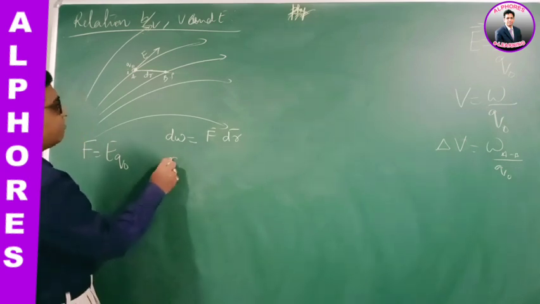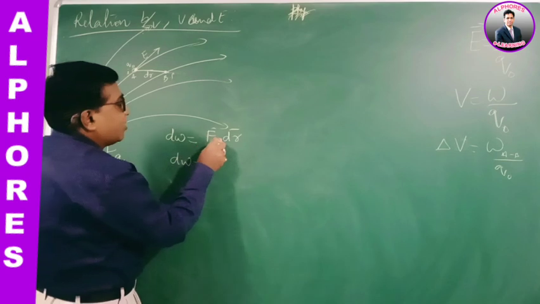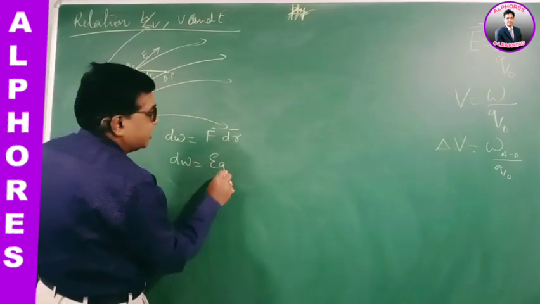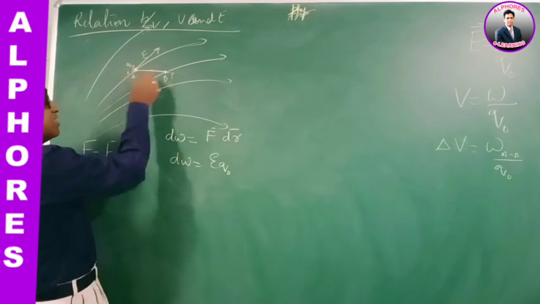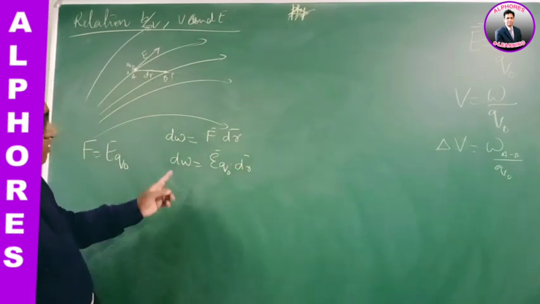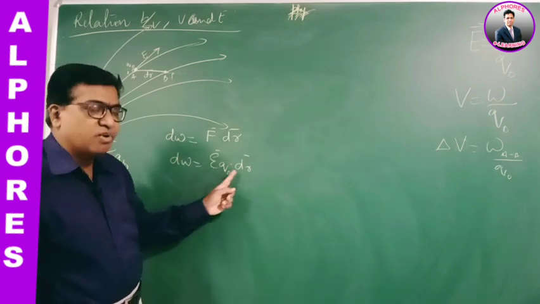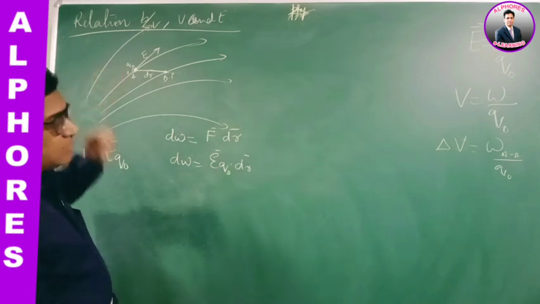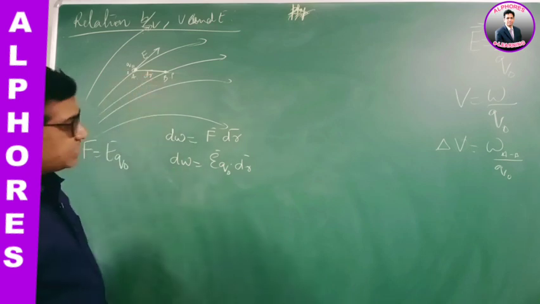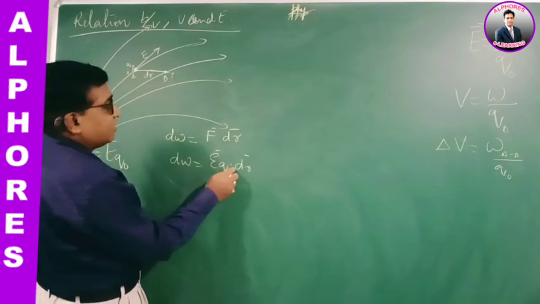Then the small work done dW is F dot dr. But F is EQ0, so dW is EQ0 dot dr, where Q0 is the charge that is moved. This is at a point where the field is almost the same. Then dW is E dot dr.